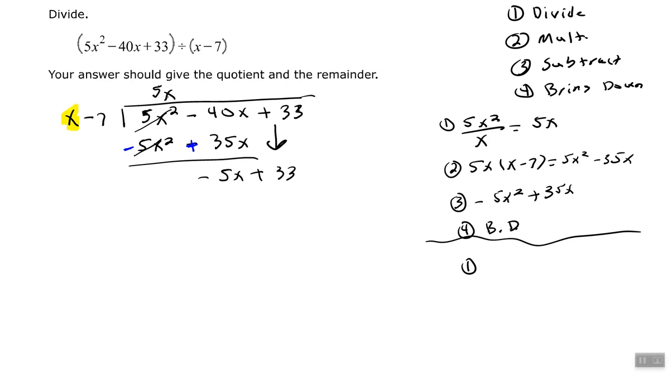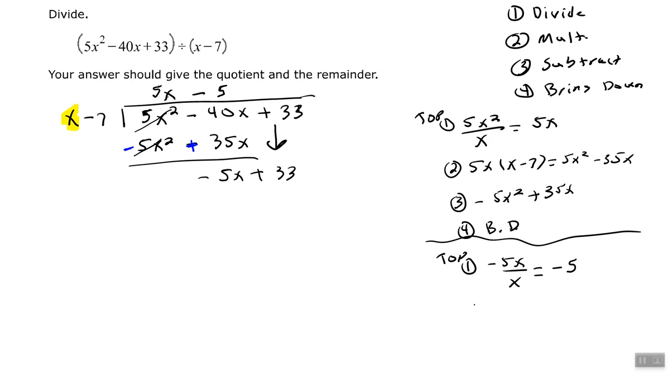That's where we start the process over. So I'll divide negative 5x by x, which gives us negative 5. Whatever we get here, that's what goes up top. So I'll put a minus 5 up there.